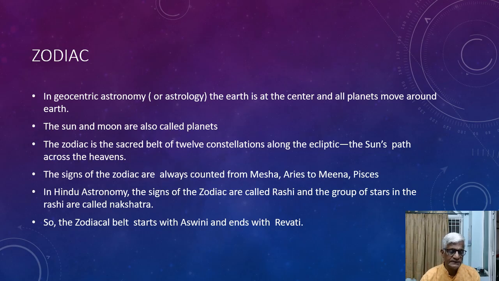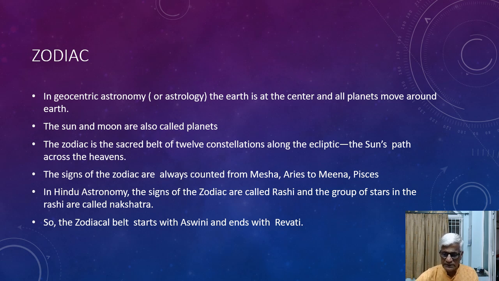As I already mentioned, in geocentric astronomy or astrology, the earth is at the center of all planets, and all the planets move around the earth. The sun and moon are also called planets. The zodiac, so far as the astrologers are concerned, is a sacred belt.